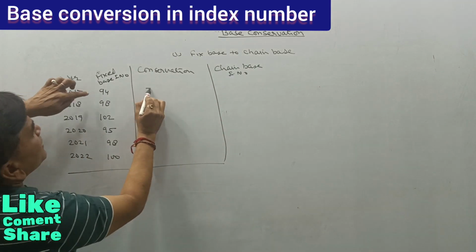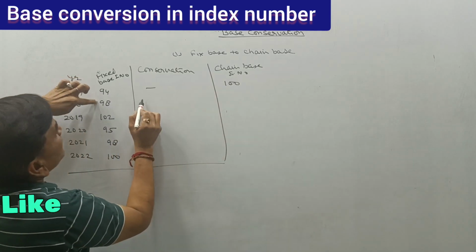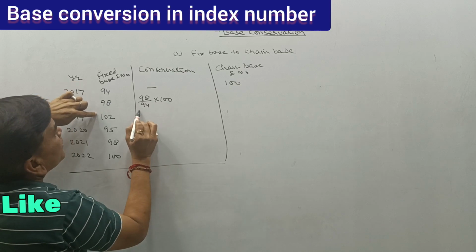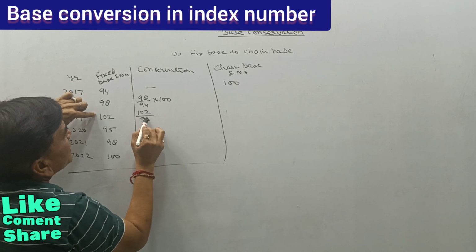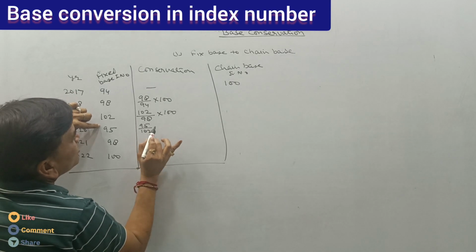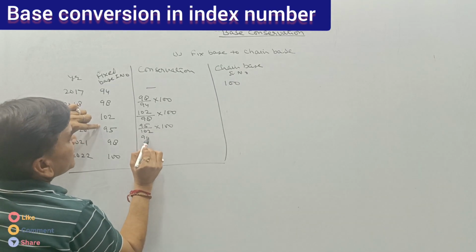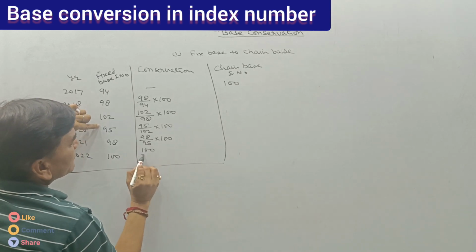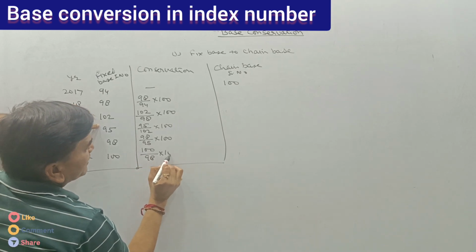For that, the first one is 100, the second is 98 divided by 94 multiplied by 100. For the next, 102 divided by 98 multiplied by 100. Then 95 divided by 102 multiplied by 100. Then 98 divided by 95 multiplied by 100. And the last one, 100 divided by 98 multiplied by 100.